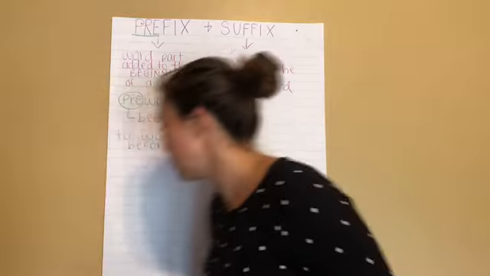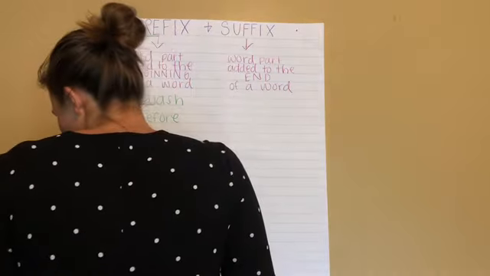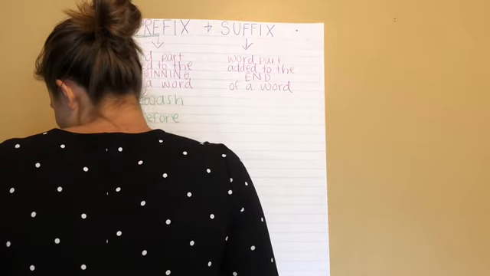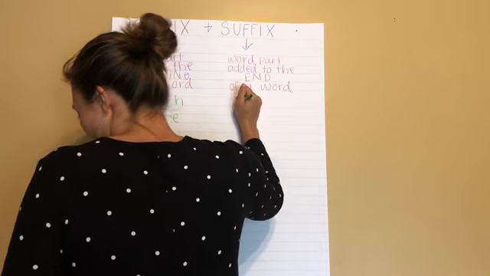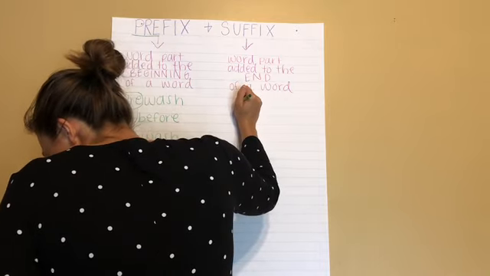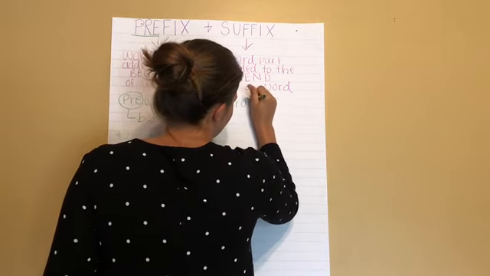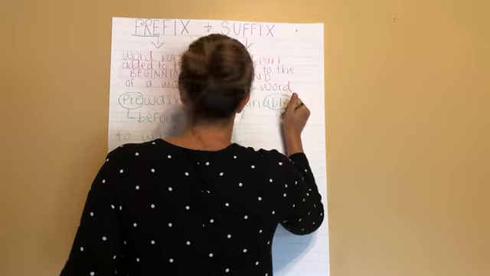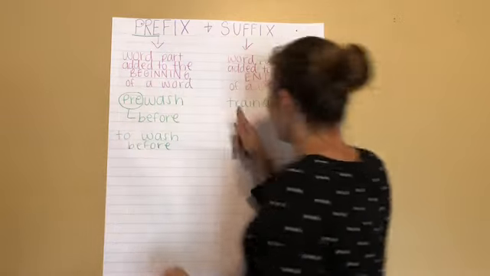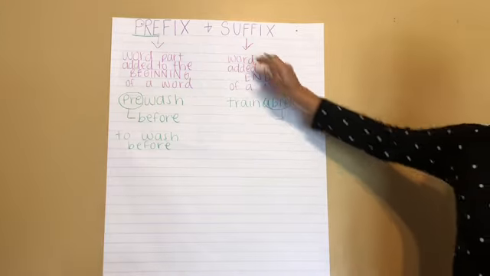Now we're going to go over and do the same thing with suffix. I'm going to use the suffix able. So my word is going to be trainable. Able is the suffix.